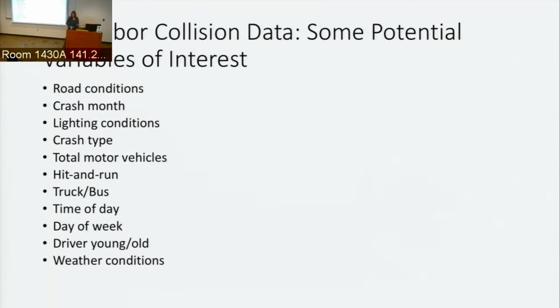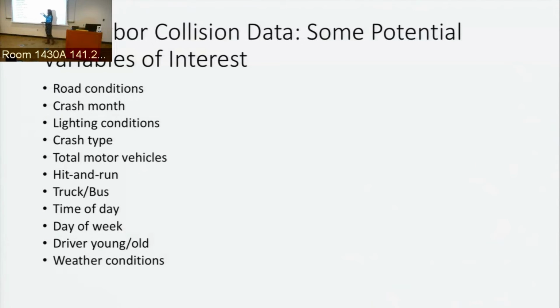Okay, so these are just some of the variables that I pulled out that you might be interested in from this collision data set. I mentioned things like time of day, day of the week, month of the year. They also code the road conditions, whether it's icy, wet, dry, lighting conditions, dark or light, what kind of crash it was. So, was it a fatal injury, just an injury, no injury?